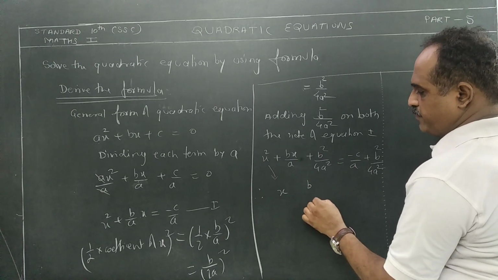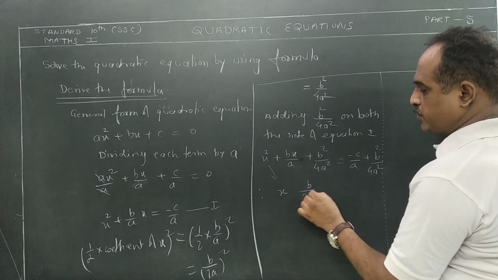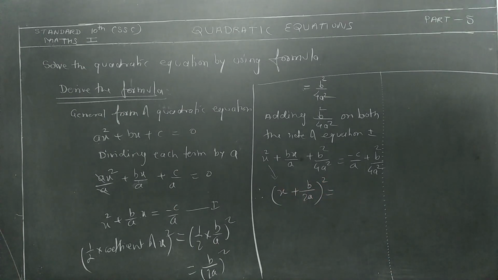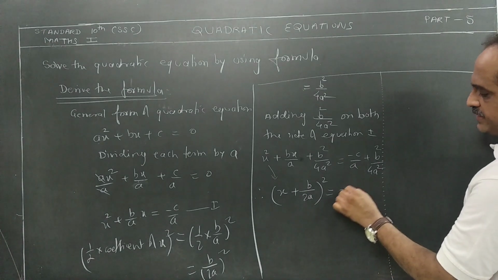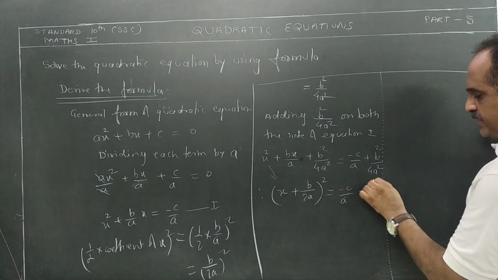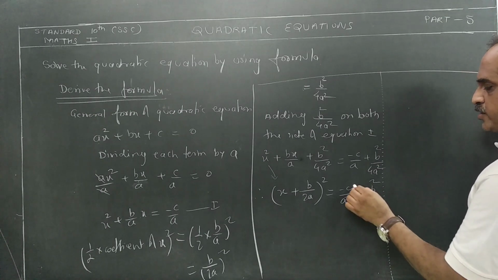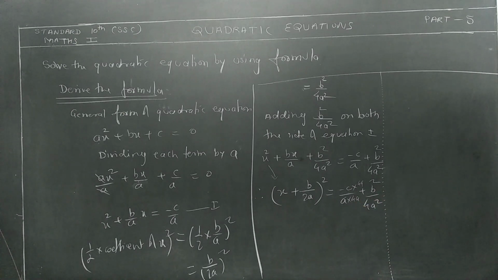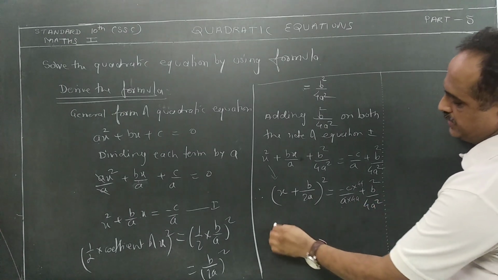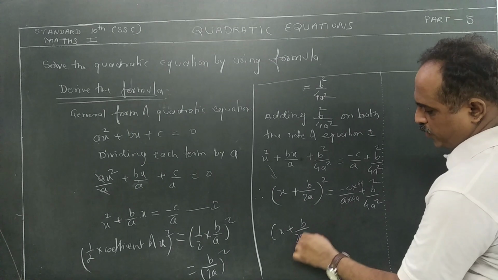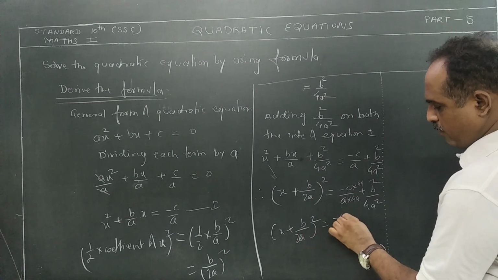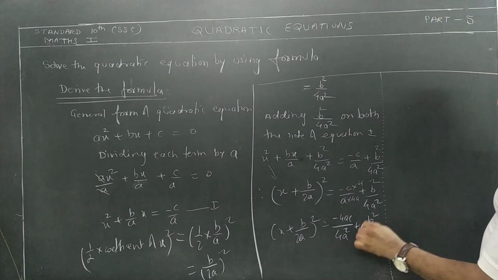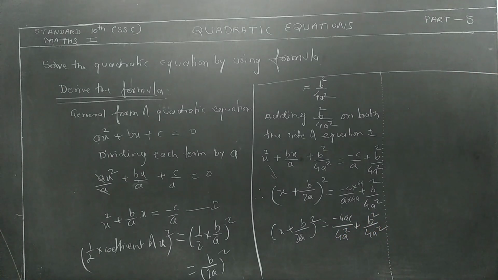Square root of this is b, and square root of it is what? 2a. In between sign is plus, the whole square. And here, what will happen then? Minus c upon a plus b square upon 4a square. So we are going to multiply by what? 4a. So the denominator will get 4a square. So x plus b upon 2a the whole square is equal to minus 4ac upon 4a square plus b square upon 4a square.